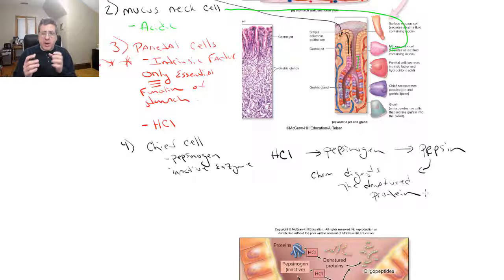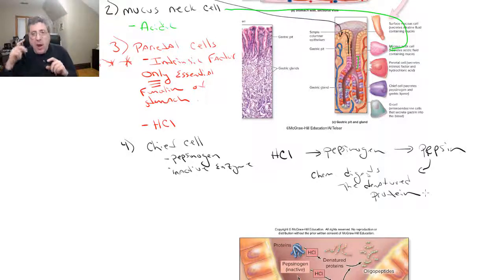So hydrochloric acid converts pepsinogen into pepsin, that's one way to get to pepsin. The other way to activate the pepsinogen, the inactive form of pepsin, is by other pepsin that's already in the stomach, and then that will convert the pepsinogen into more pepsin.